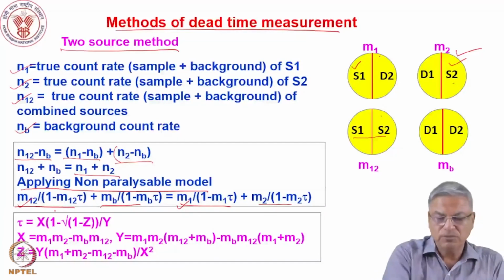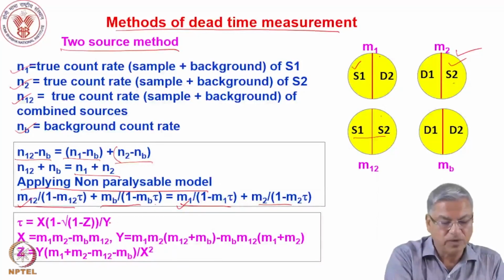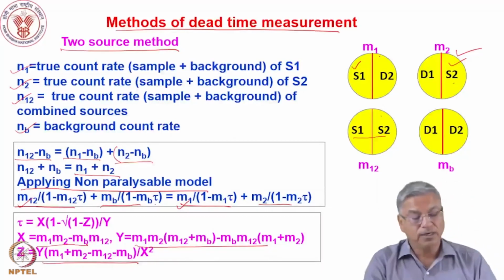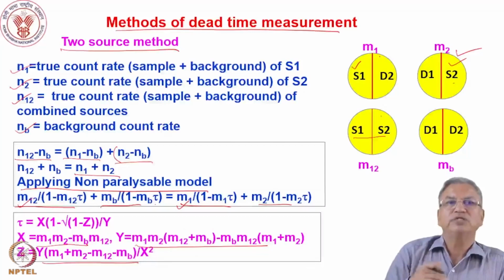From this you can solve the equation to find the tau. The tau comes in terms of x, y, z, where x equals this term, y equals this term, and z equals this term. They all depend upon M1, M2, M12 and MB. So you can calculate the dead time in the non-parallelizable model for the detector system.